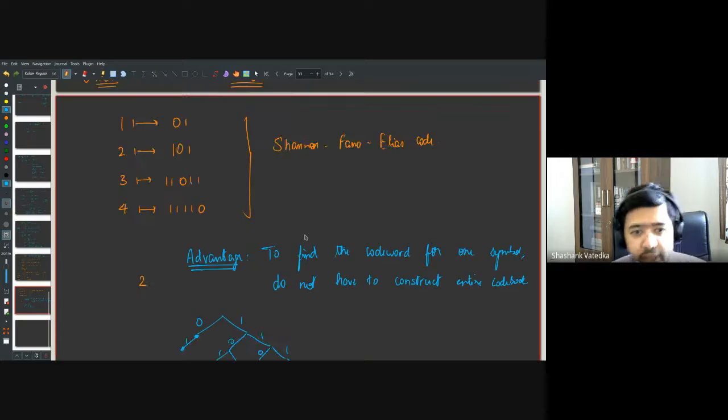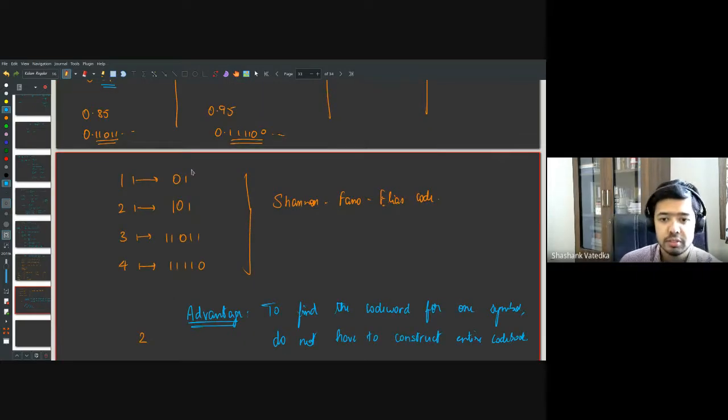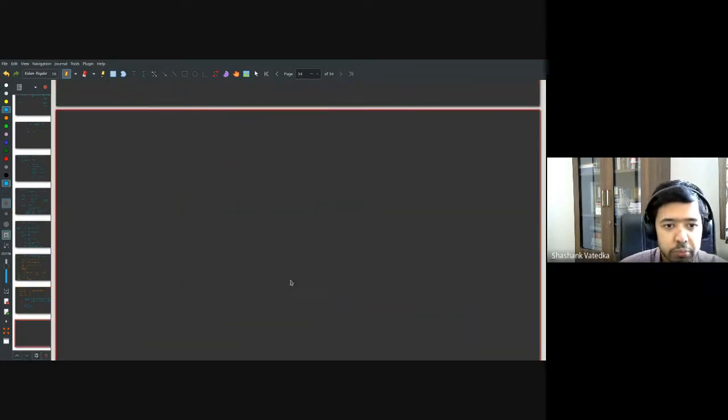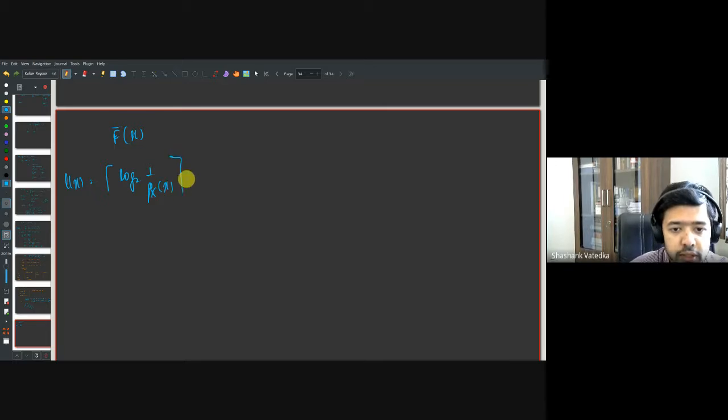So let us think about this particular coding procedure. Compute f bar of x for all x, and then look at the first L of x, log 1 over p of x plus 1 bits of f bar of x. Let us think about this visually.